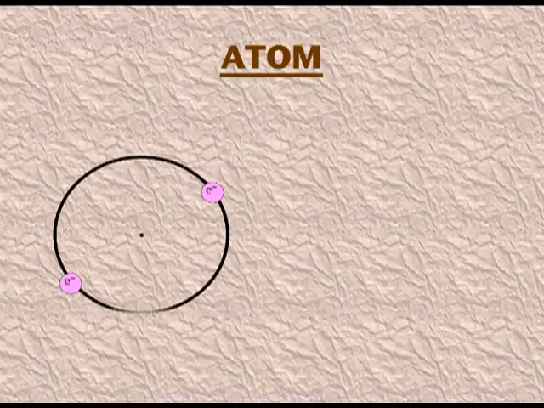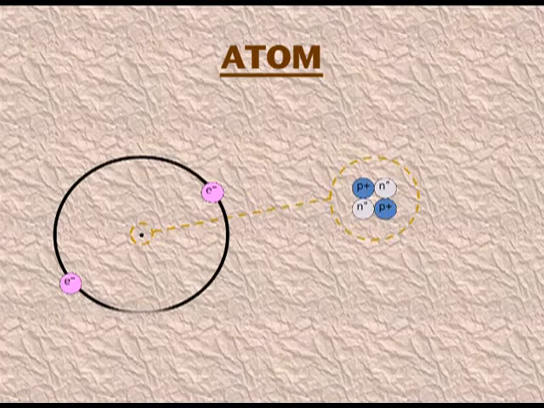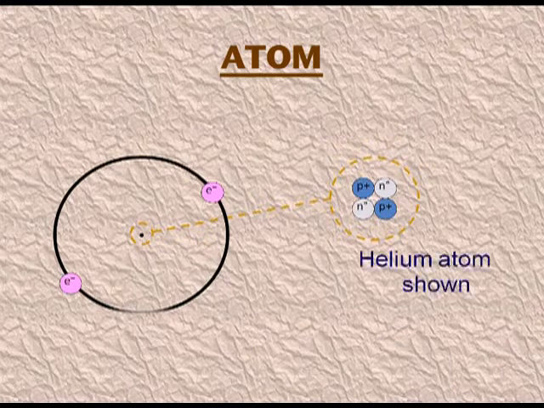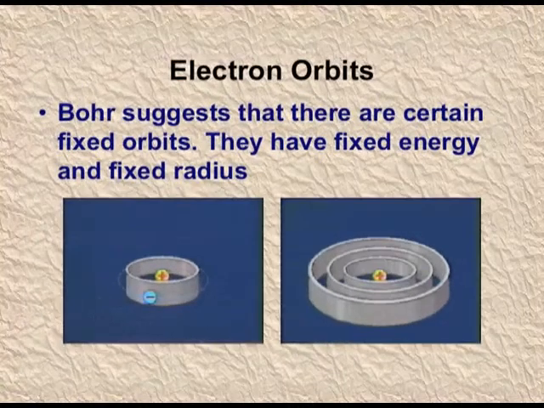You can see the basic structure of an atom. Electron in an orbit and nucleus in the center. Nucleus is made up of neutrons and protons. Bohr also suggested that there are certain fixed orbits.